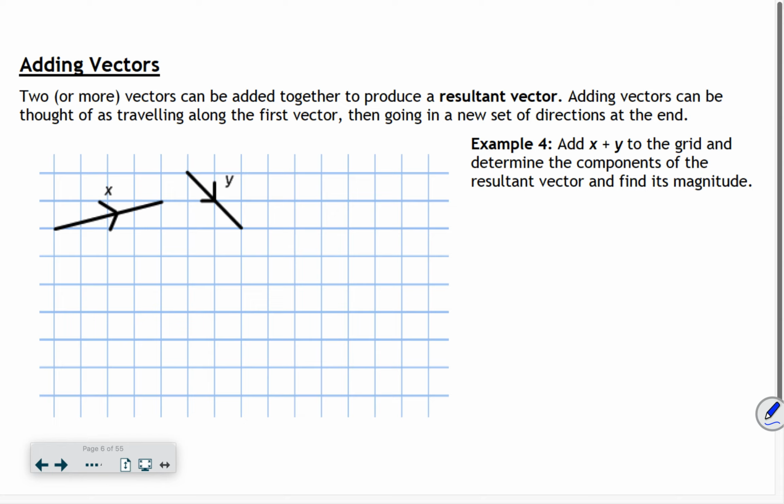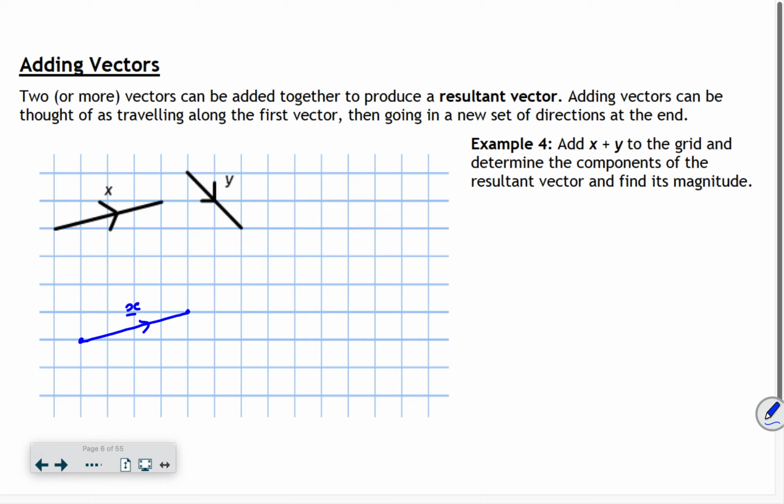So we have vector x here, which has components 4, 1. So if I was to start here and move to here, that would be the vector 4, 1. Vector y has got components 2 and negative 2.